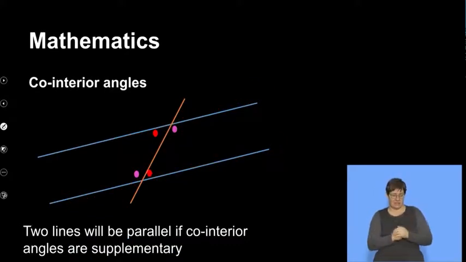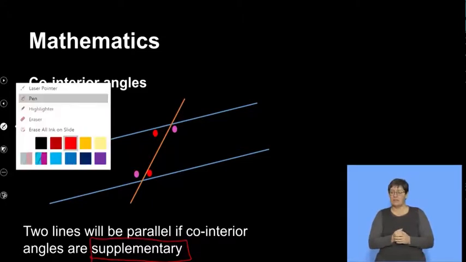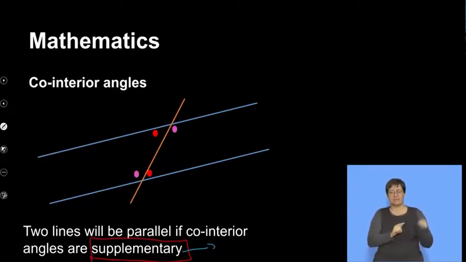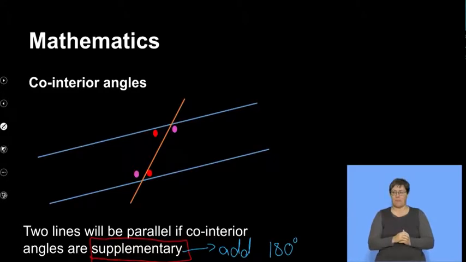Also, you can try and talk about the co-interior angles, but please don't make the mistake of thinking co-interior angles are equal. They are actually supplementary. And remember, supplementary simply means that they add up to 180 degrees. So if this angle here and that angle there add up to 180 degrees, then we will say that these are co-interior angles.